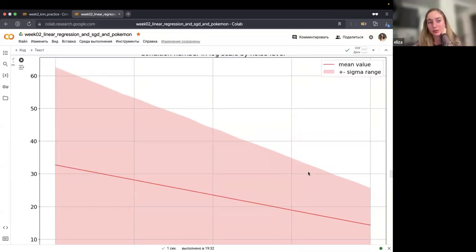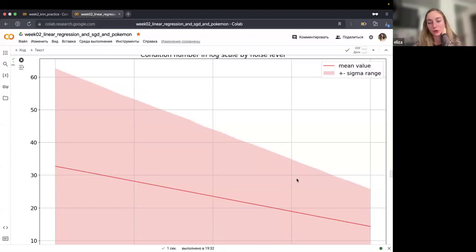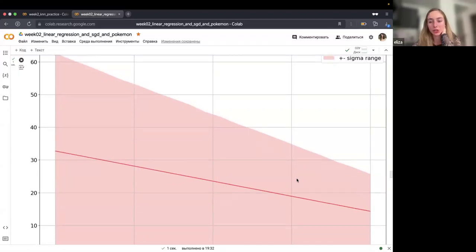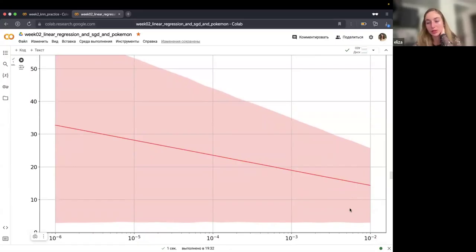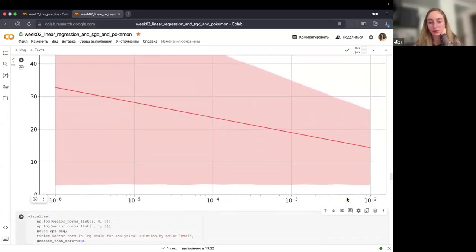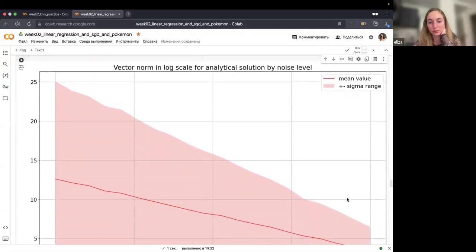If we add more noise and these features become more different, your condition number decreases, and it means that your model becomes stable.